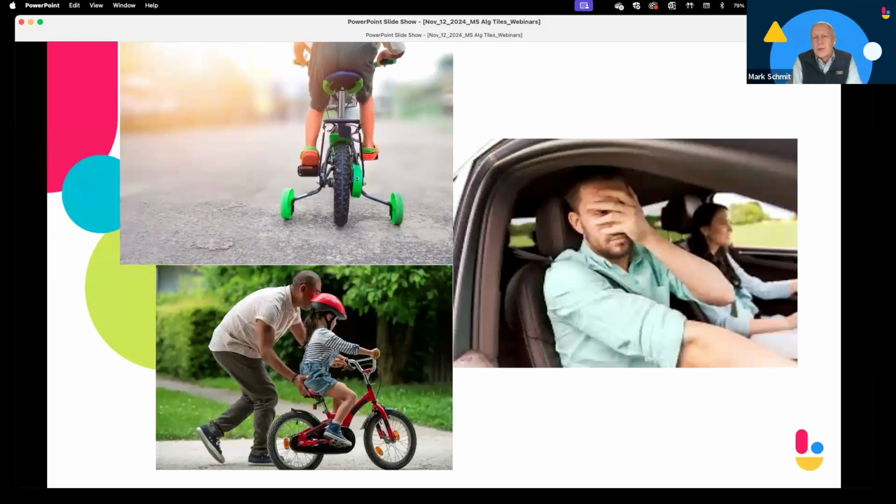But I'm sure your goal was not that those supports, those scaffolds, those tools, the training wheels, or you yourself holding up your son or daughter as they work on balancing, or being in the car when they drove, would be there all the time. I'm sure your goal was to get rid of those, and you wanted to take those training wheels off.